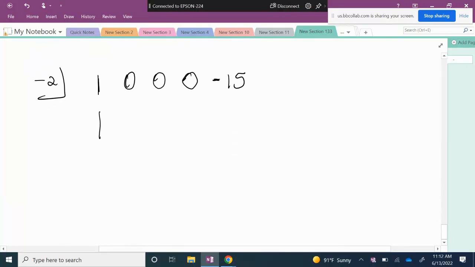All right, so the first number always comes down, and it's a plus. Now it's a matter of multiplying and adding. Negative 2 times 1 is negative 2.